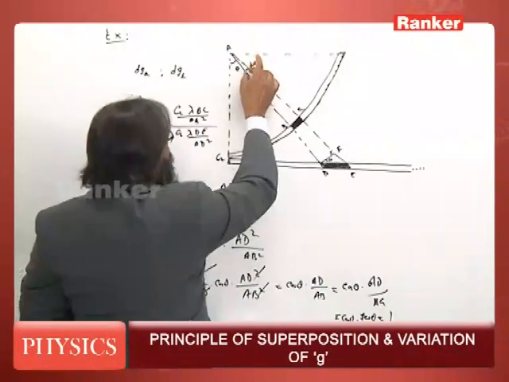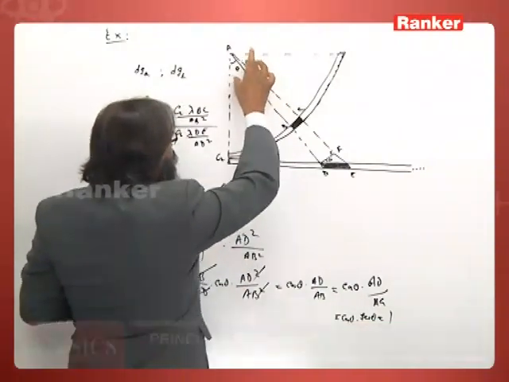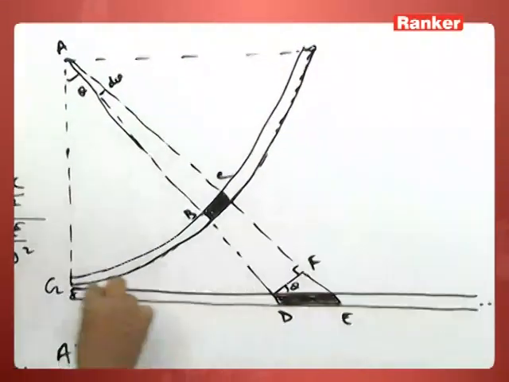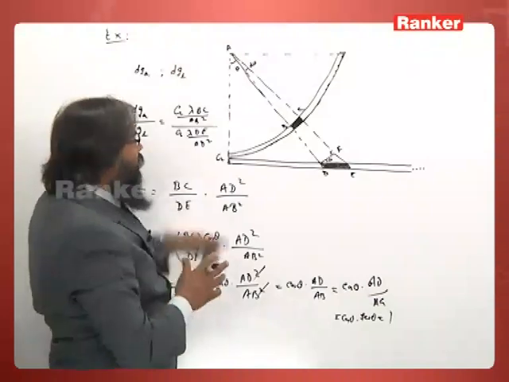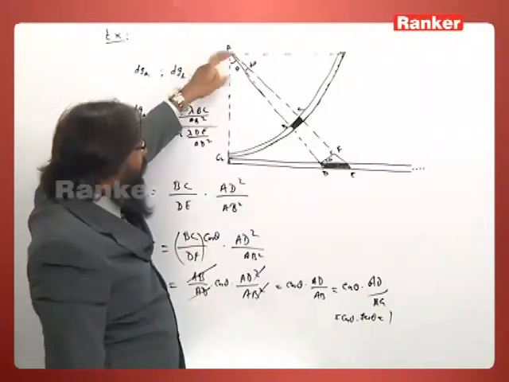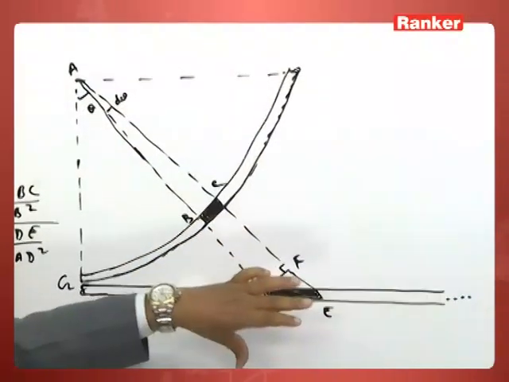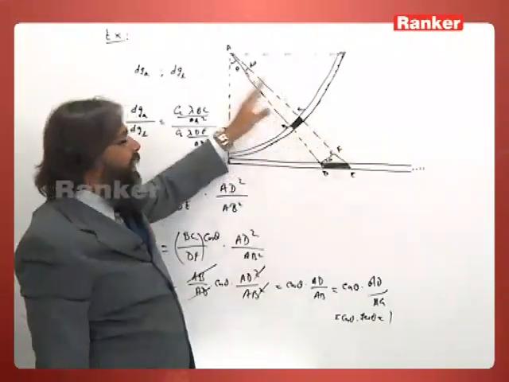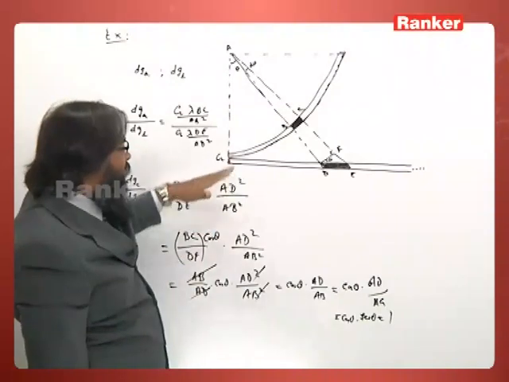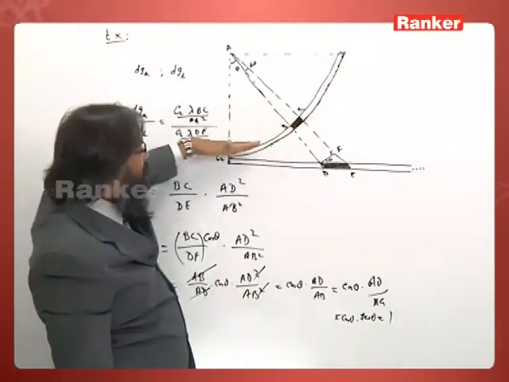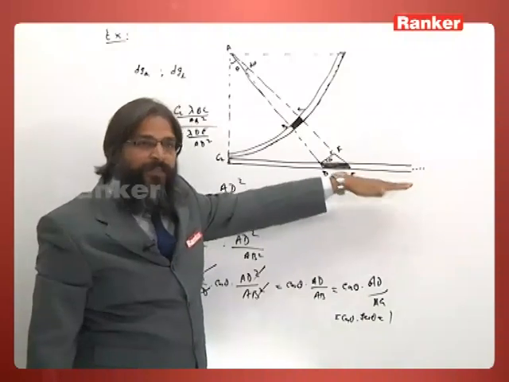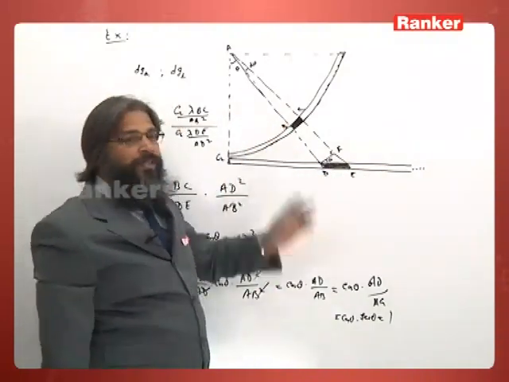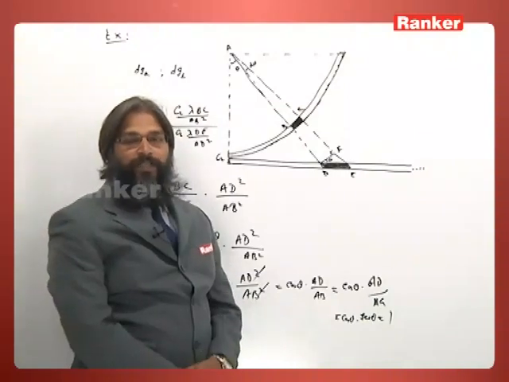That means if we have an arc and a line segment that are equidistant from A, and they subtend the same angle at A, then they will have the same gravitational influence. In that case, the arc can be replaced by the line segment and the line segment by the arc. So this is a very, very important result.